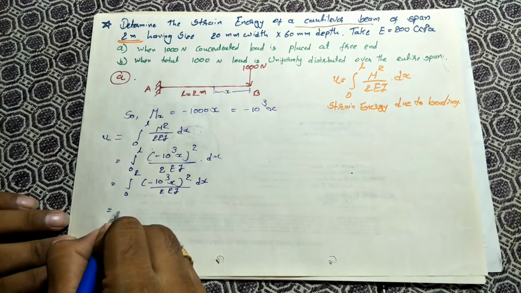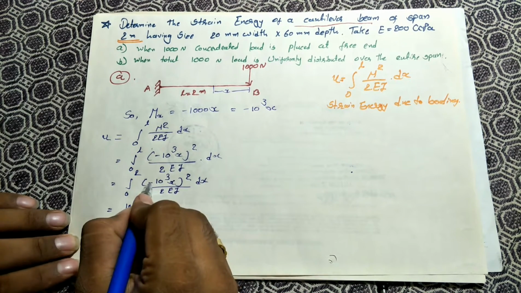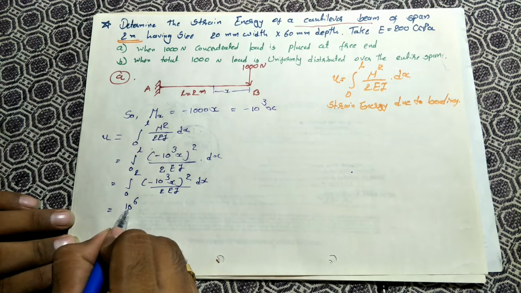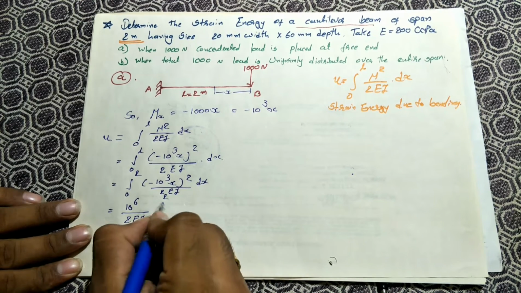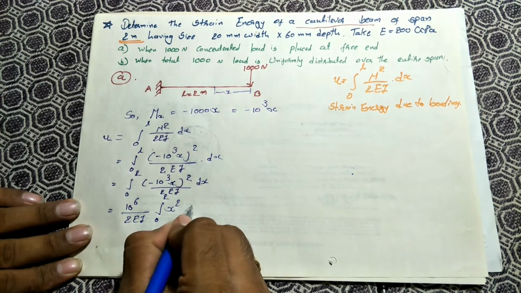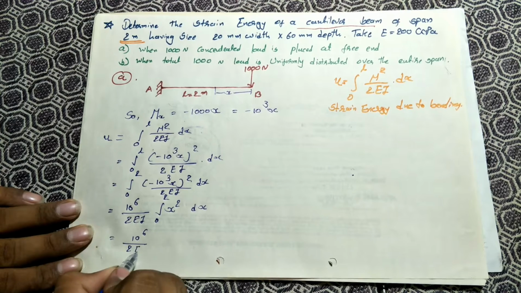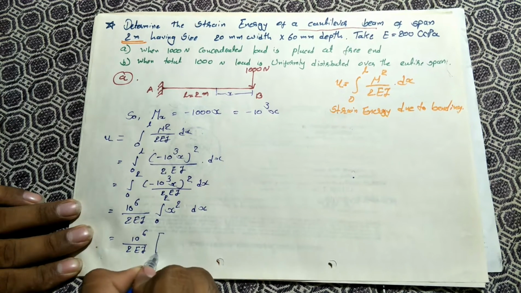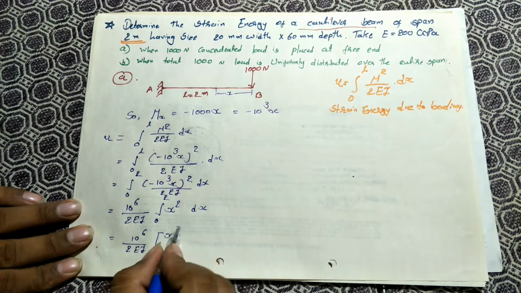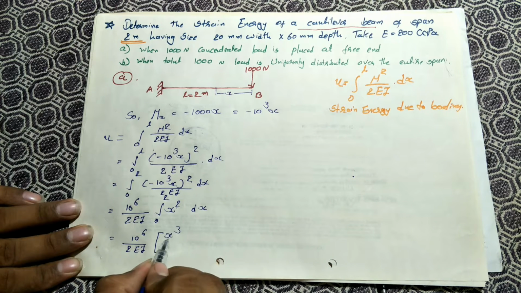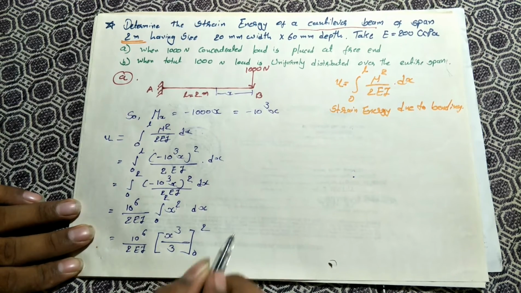So take 10 raised to 6 as common. This is a plus value. Divide by 2 EI, which we will take as common. So 0 to 2 integration, the remaining portion is x square dx. So 10 raised to 6 divided by 2 EI. If we resolve this integration, x raised to n integrates to x raised to n plus 1 divided by n plus 1, so x raised to 3 divided by 3, from 0 to 2.